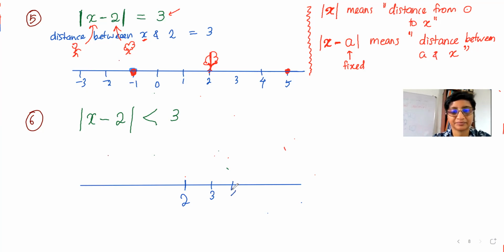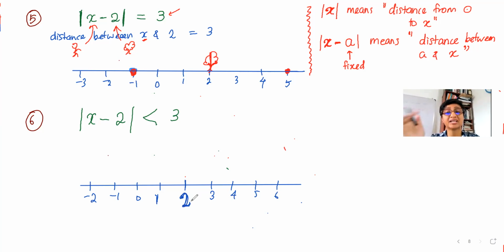That's correct. So I've drawn the 2 a little big, okay? That's my fixed point. Now where can X be?